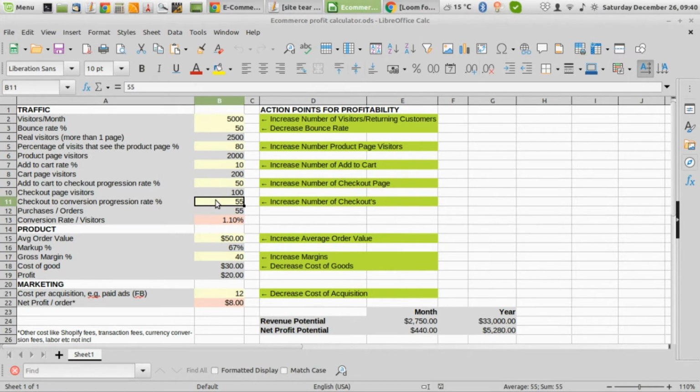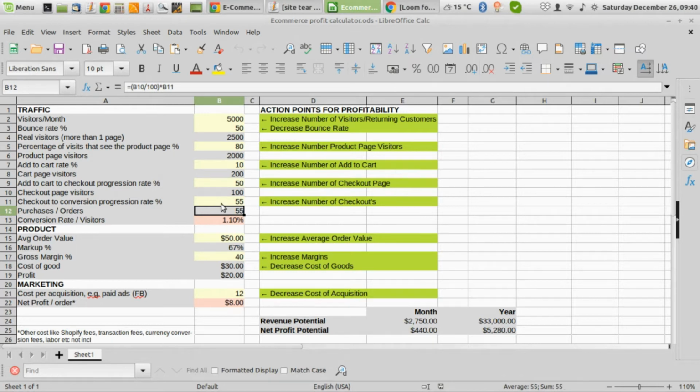Again, statistics show that about 55 to 60% might actually continue and really buy from you. That means from the 100 that initially are on your checkout page, there's a good percentage of people who are on the checkout page and still decide not to buy from you.